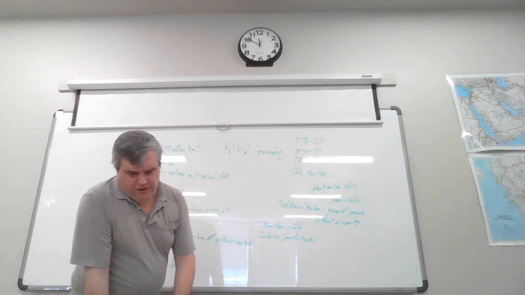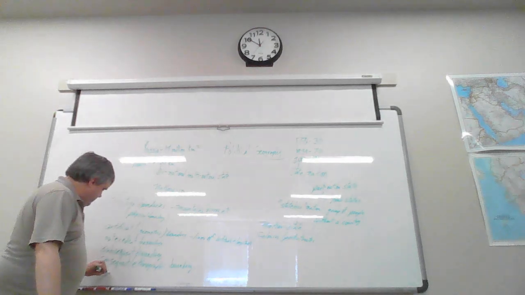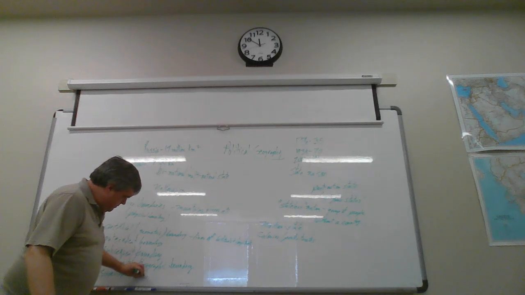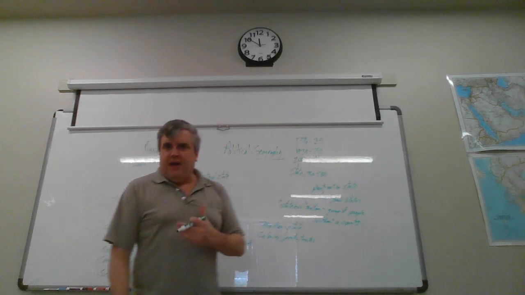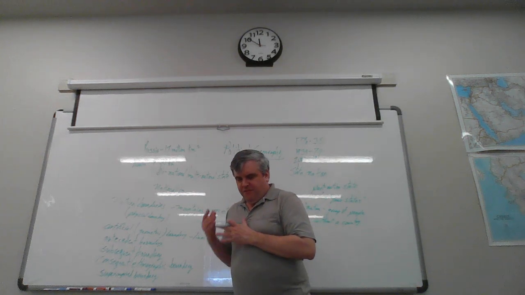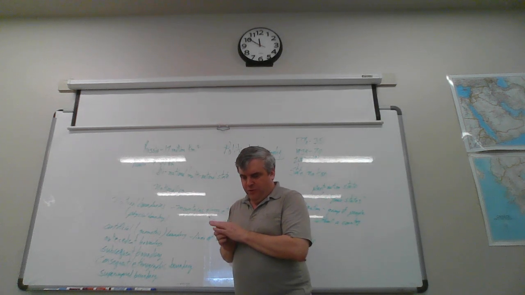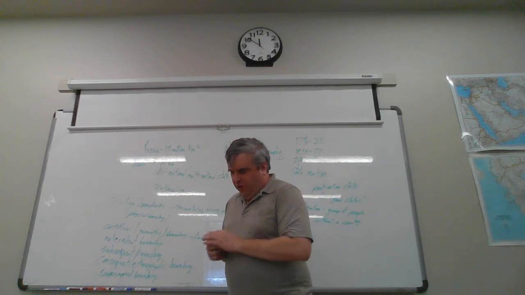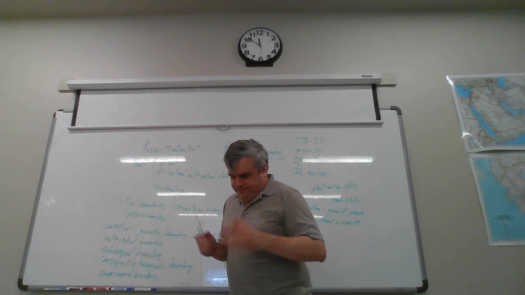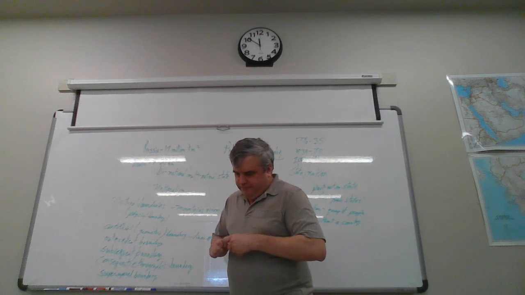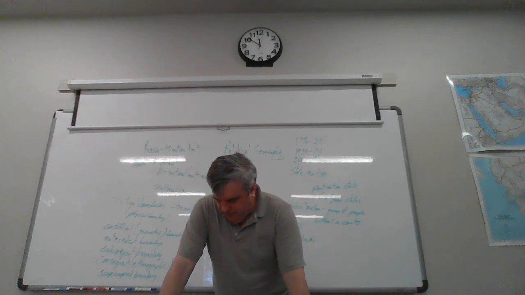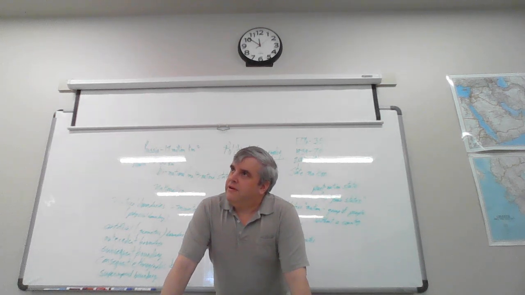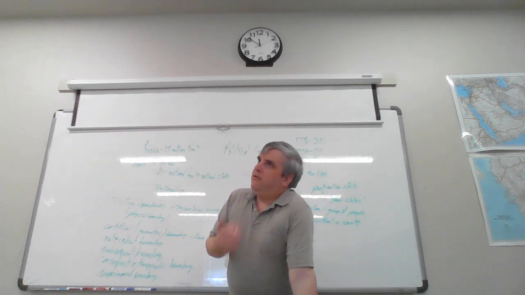A superimposed boundary. A superimposed boundary is forced upon existing cultural landscapes in a way that doesn't take care to preserve these ethnic groups. For example, colonial Africa.